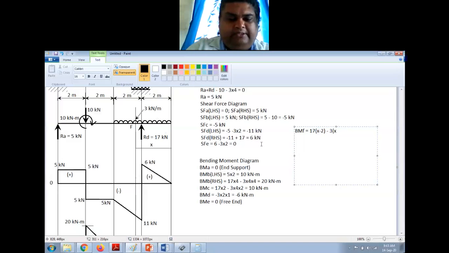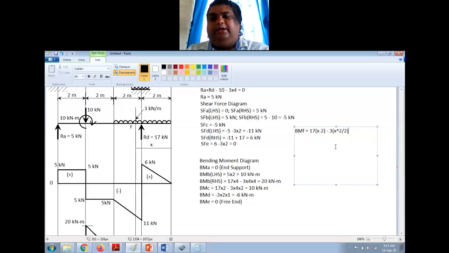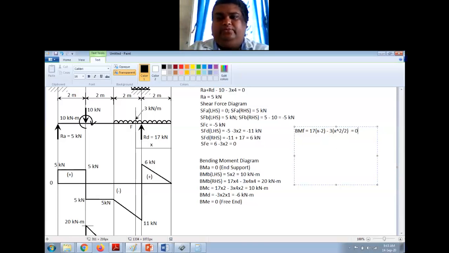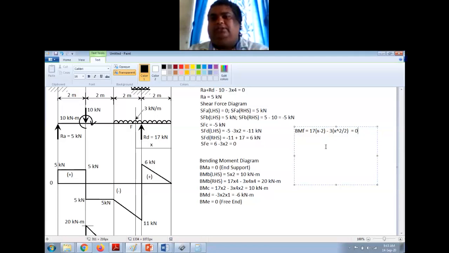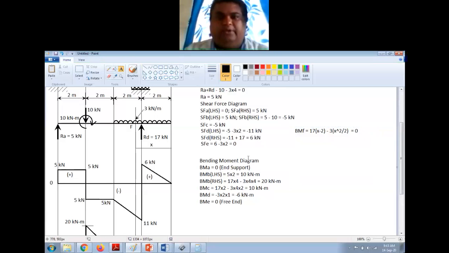So I will write it as x square by 2, right? And this should be equal to 0. Now if you solve this, you will get the value of x, that is the point of contraflexure, right?